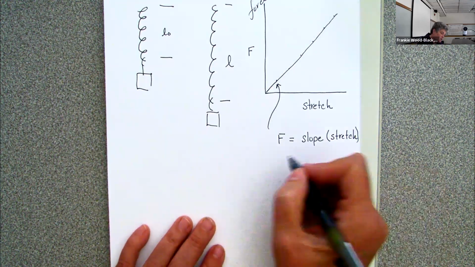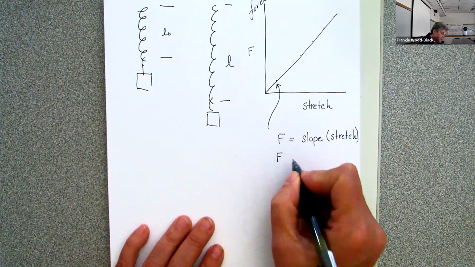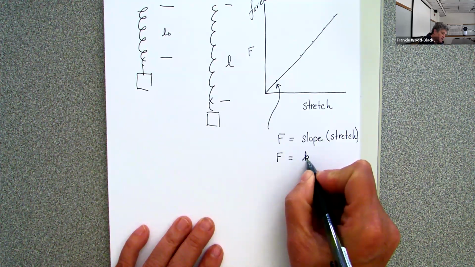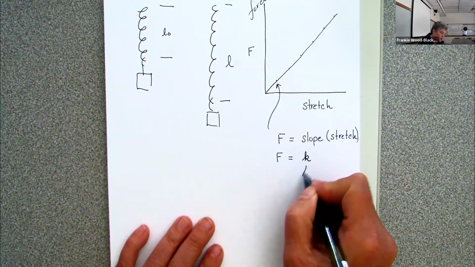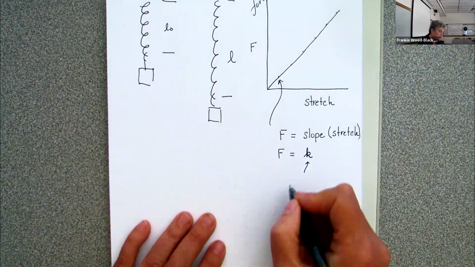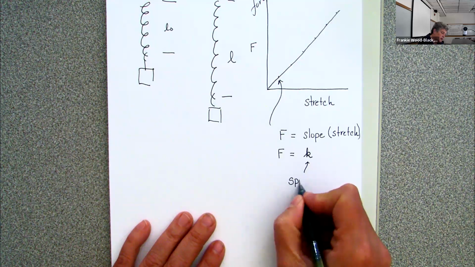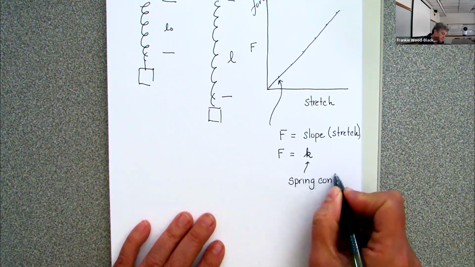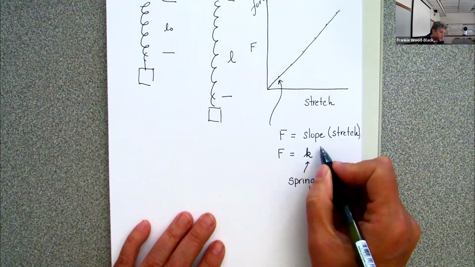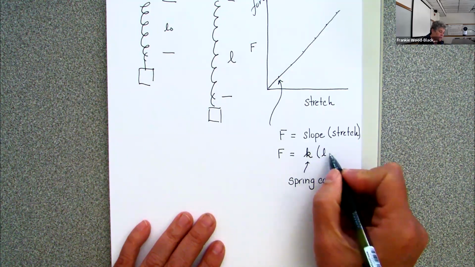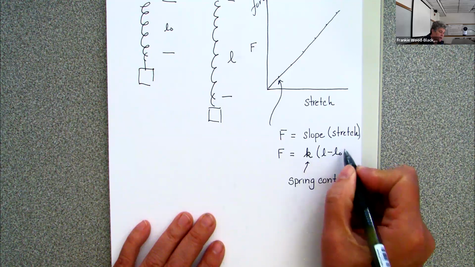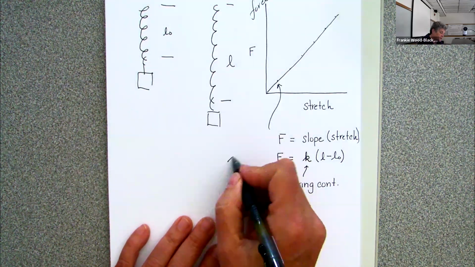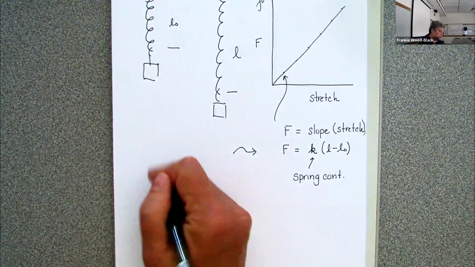And this slope, because this is related to a physical object, we're going to use a K, and this is going to be known as a spring constant. And then my stretch is my length minus my initial length. And this gives us something that we call Hooke's law.